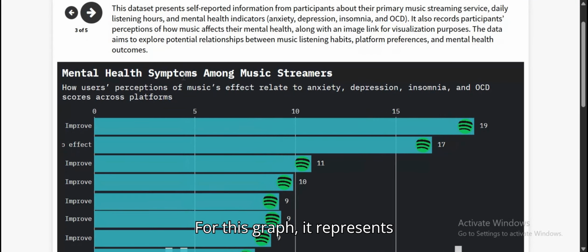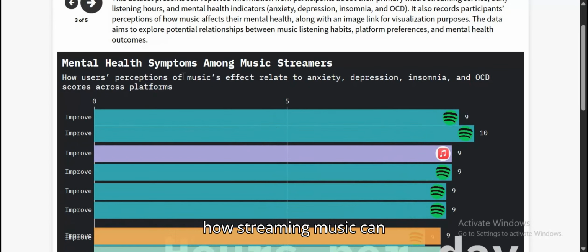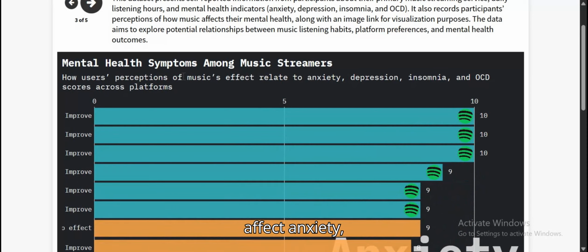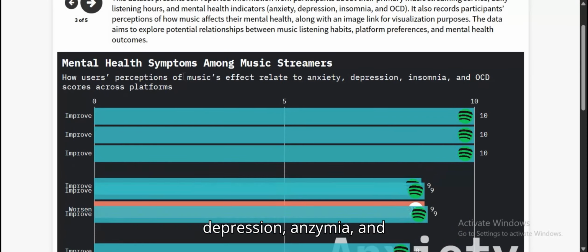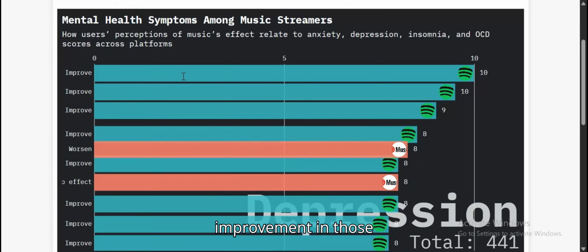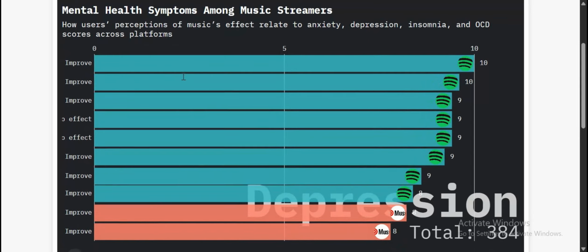For this graph, it represents how streaming music can affect anxiety, depression, anemia, and OCD. So there is improvement in those conditions.